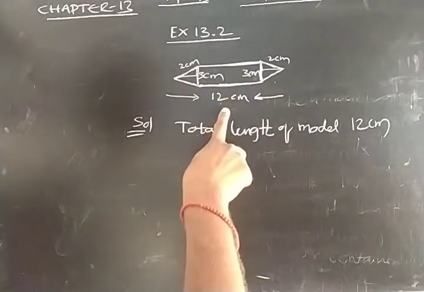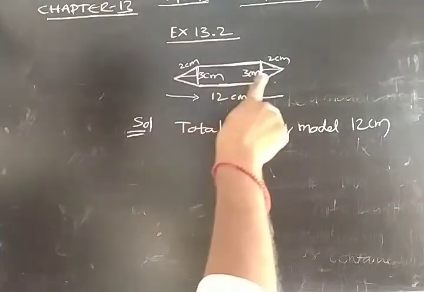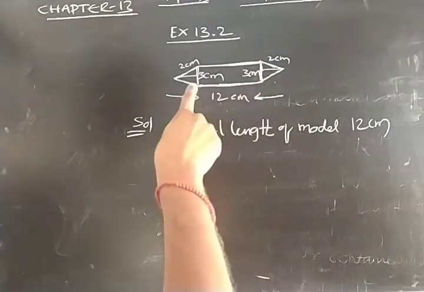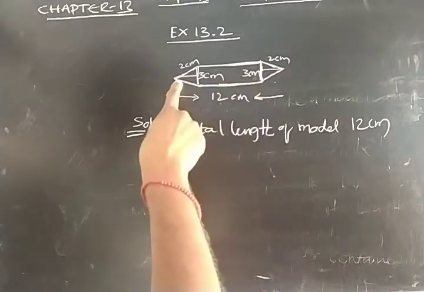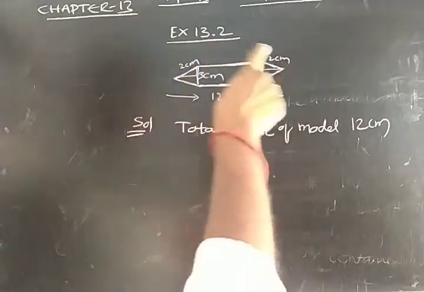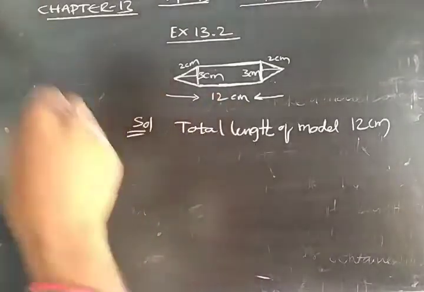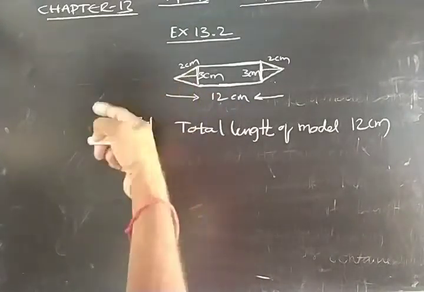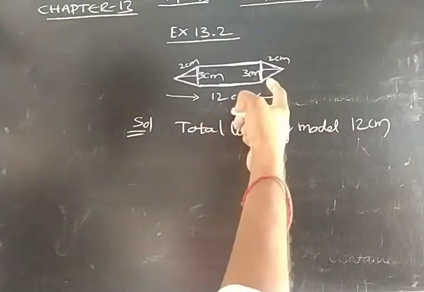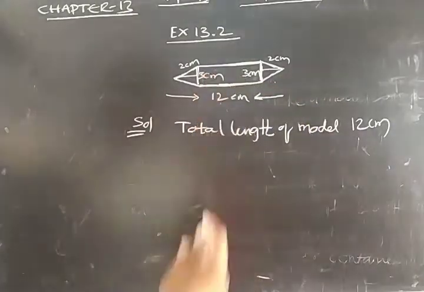Total model length is 12 centimeters, but I need only the length of the cylindrical part. See, at the ends we have two cones. If you remove the heights of the two cones from this total length, you will get the required length of the cylinder. So on the left hand side I am removing 2 centimeters from 12 centimeters, and on the right hand side you can subtract 2 centimeters. Automatically you will get the length of the cylinder.